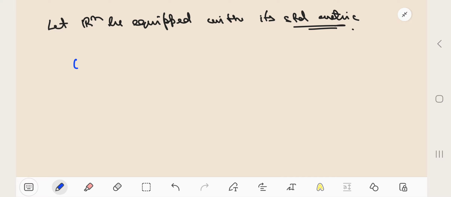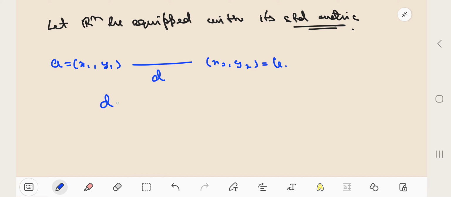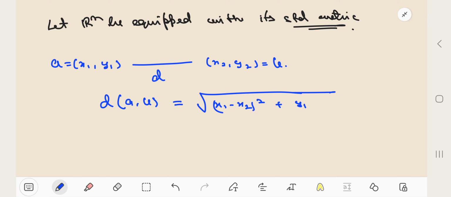So if you quickly recall, if I have two points, say (x1, y1) and (x2, y2), suppose I call them A and B, we use the symbol d(A,B), which means the distance between A and B, and we usually write this as the square root of (x1 minus x2) squared plus (y1 minus y2) squared.